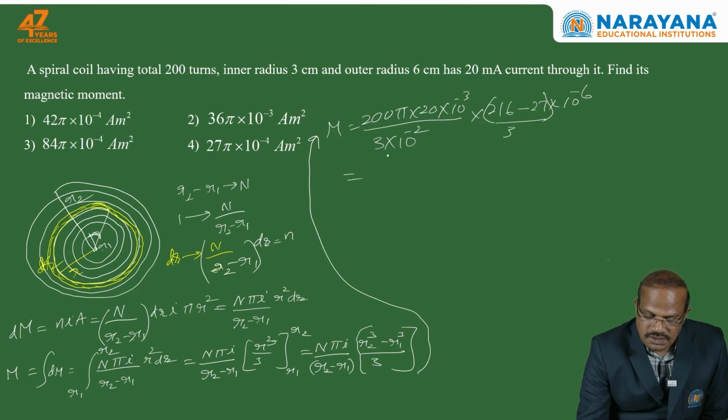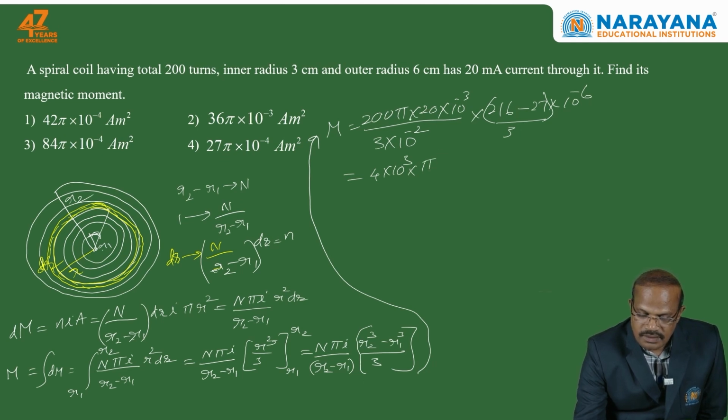So this is 4 into 10 cube, into pi, into 10 power minus 3 here, into 189 into 10 power minus 6, by 3 into 10 power minus 2.